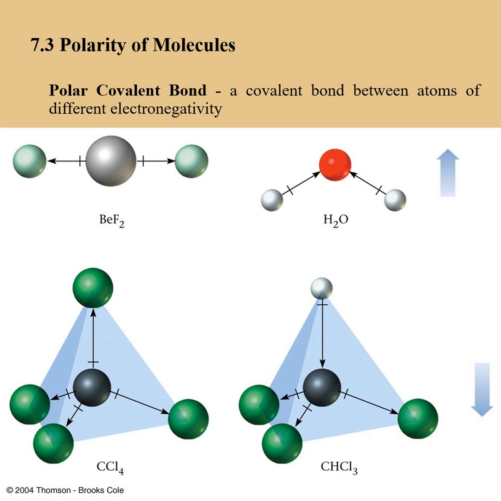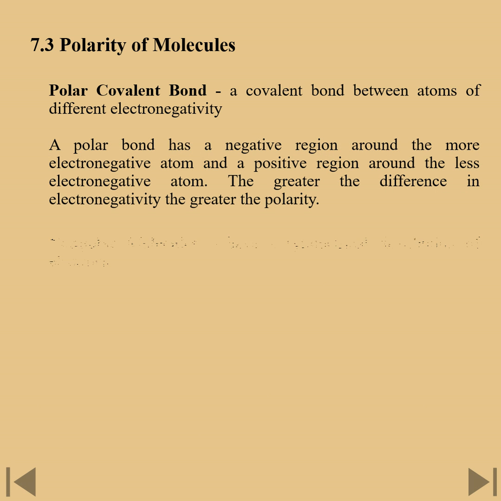Now, what about the chloroform, the trichloromethane? I'm giving you two names because there are two names. One's trivial, one's systematic. Well, do note that now the top of the molecule doesn't look at all like the bottom of the molecule. One end looks different from another, and so we can see how that's also a polar molecule. So the two molecules on the left were nonpolar because of symmetry. Two molecules on the right are polar because of their asymmetry. Well, actually, two things, polar covalent bonds and asymmetry.